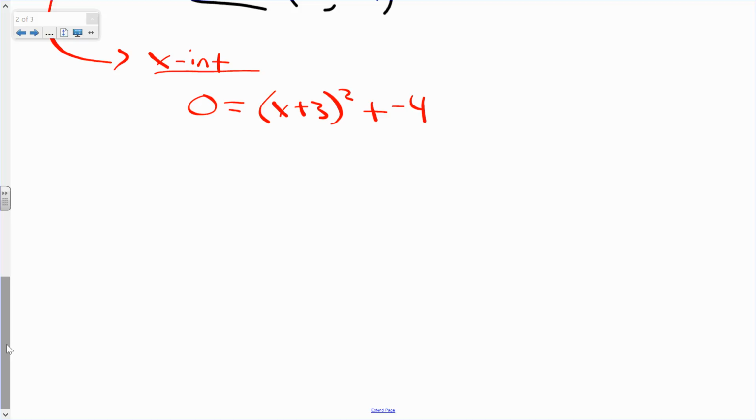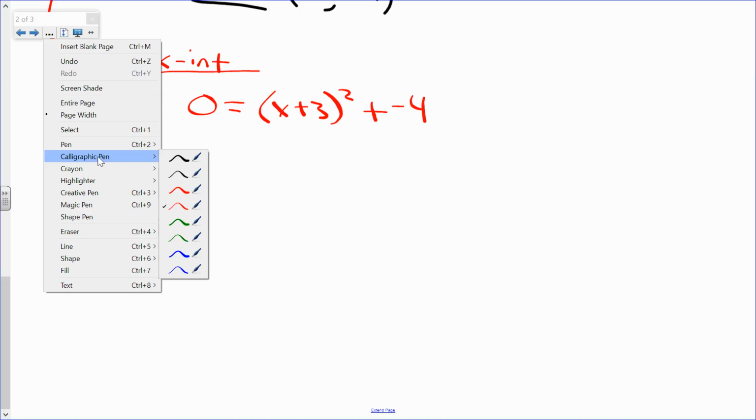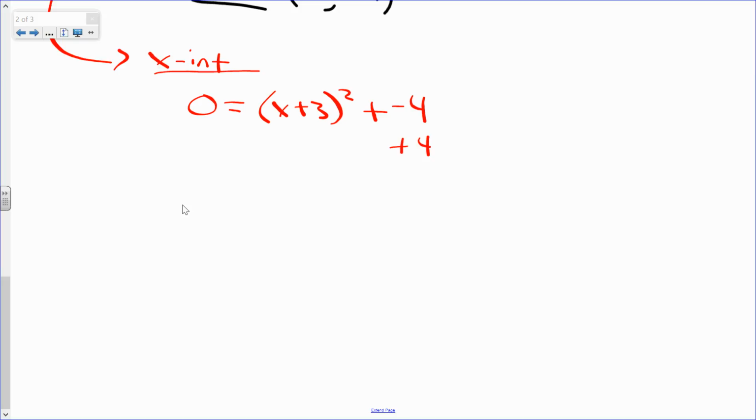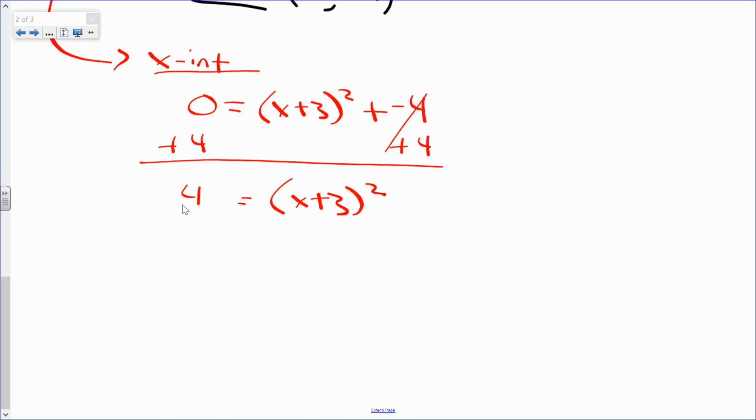Cool. Right? We're replacing y with 0 to find the x-intercepts. Actually, let's go and get rid of that 4, huh? So we'll add 4 to both sides. You get x alone now. So x plus 3 squared equals 4.